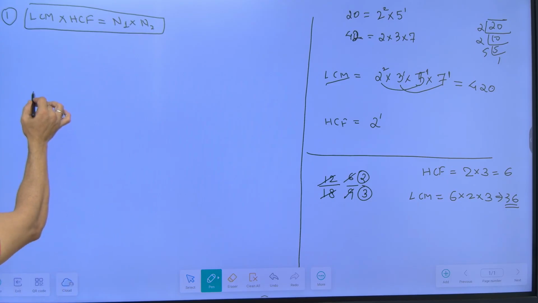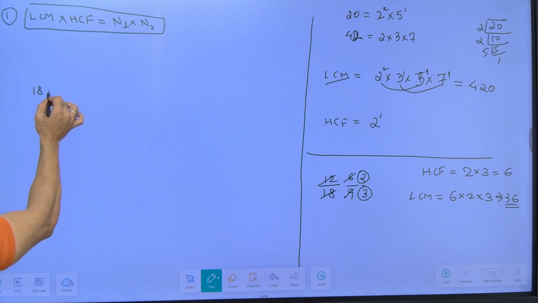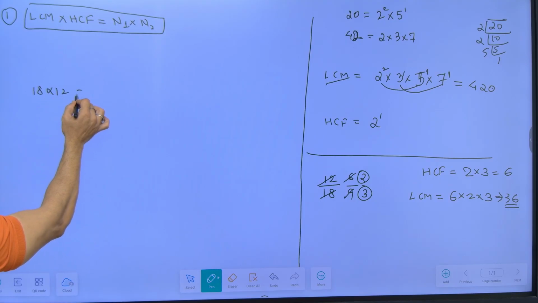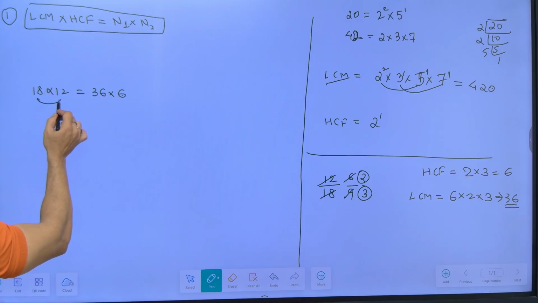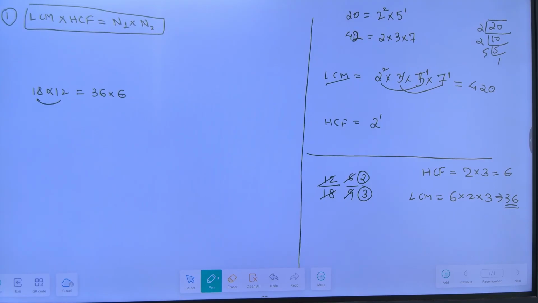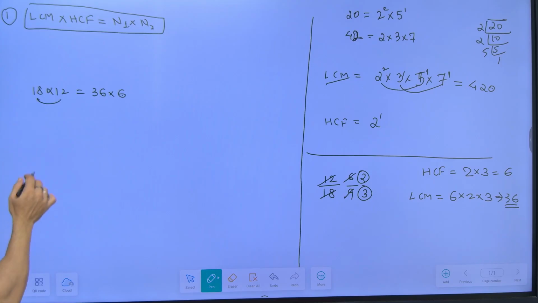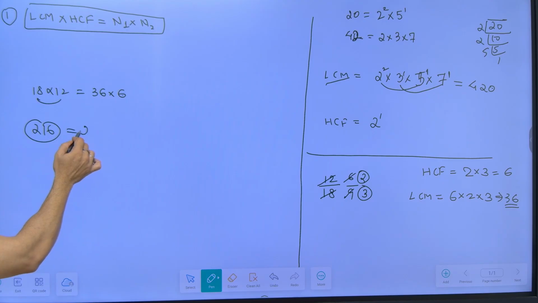For example, the first example we took what? 18 and 12, right? So multiply 18 and 12. And what was the LCM? 36. HCF 6. What is the product of 18 into 12? 216. Very good. 36 into 6 is also 216, which is 6 cube, right? 6 cube is 216.